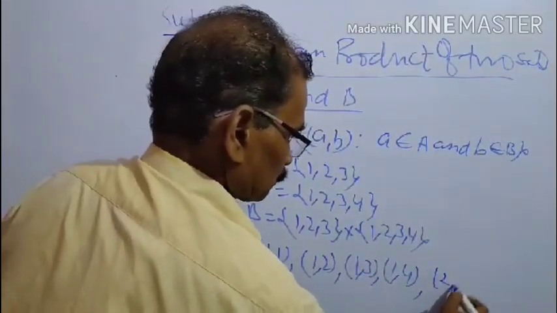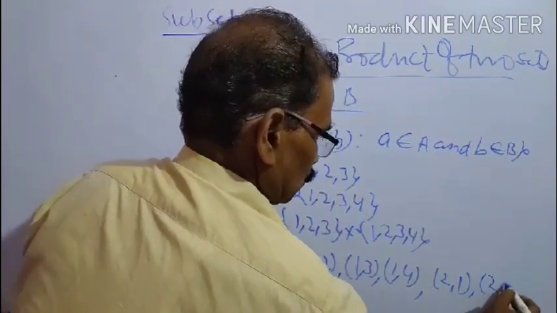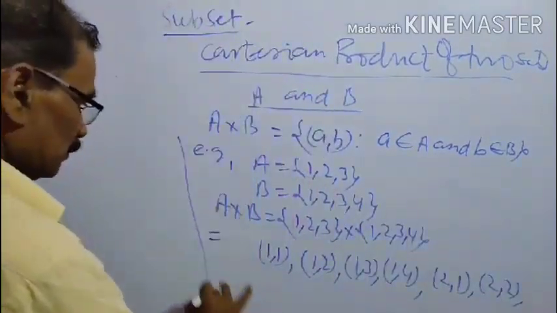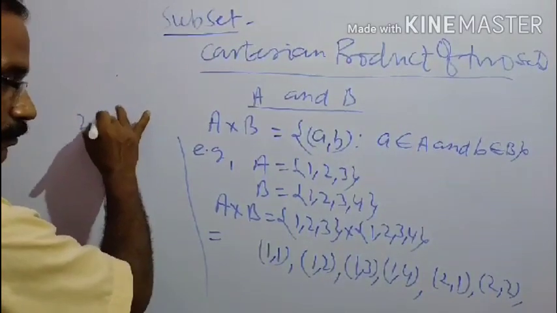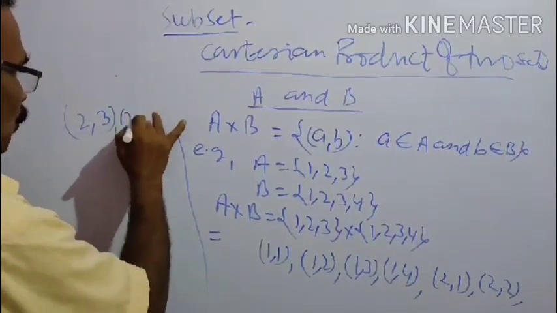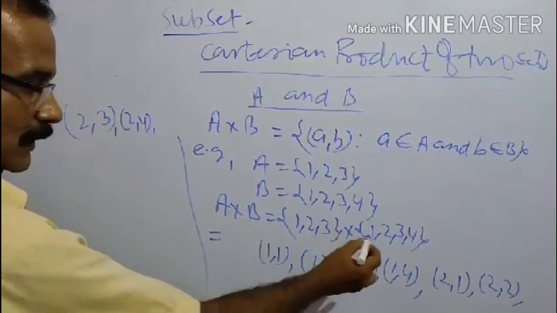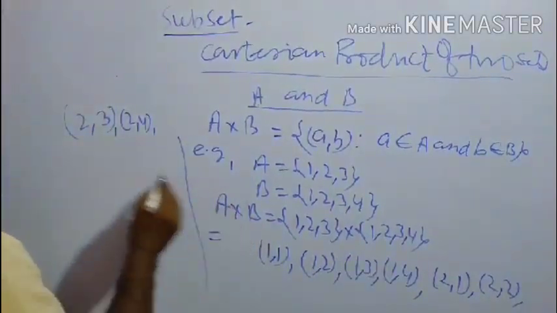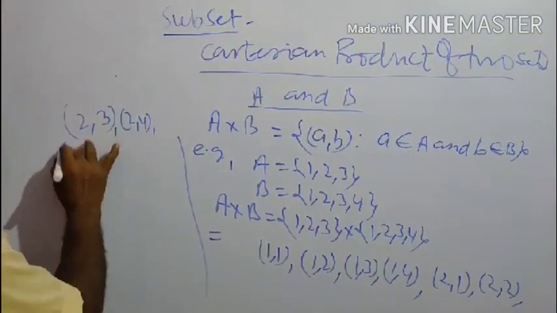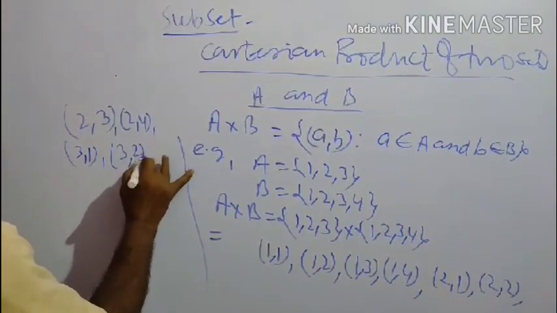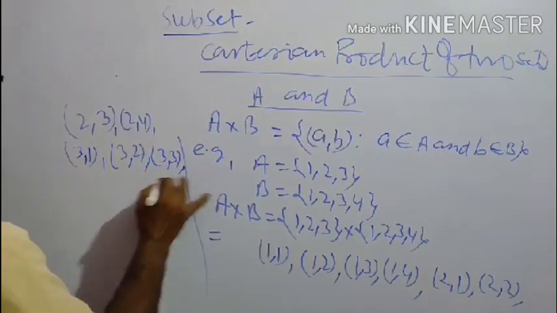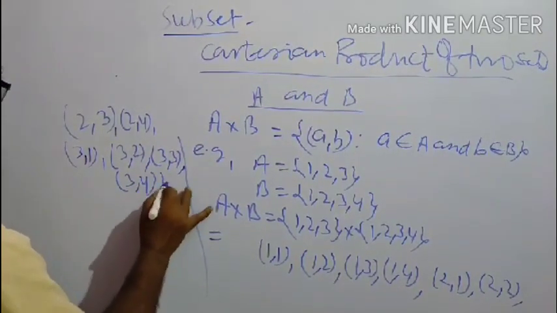Then (2,1), (2,2), (2,3), (2,4) and (3,1), (3,2), (3,3), (3,4).